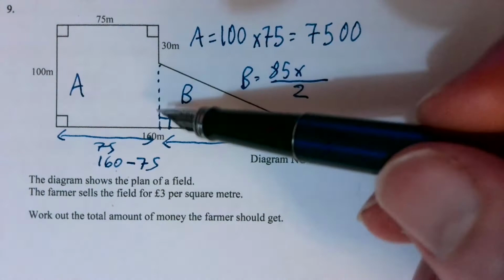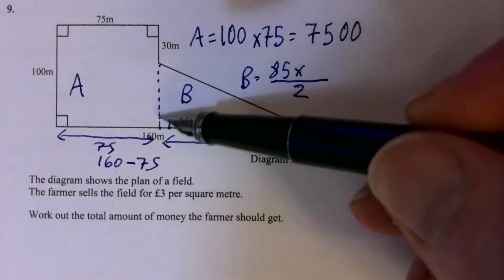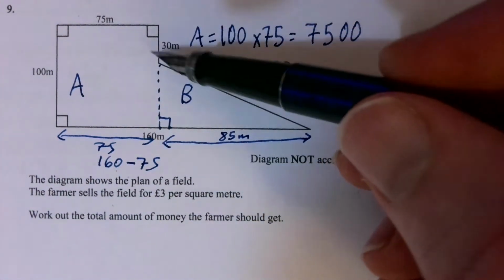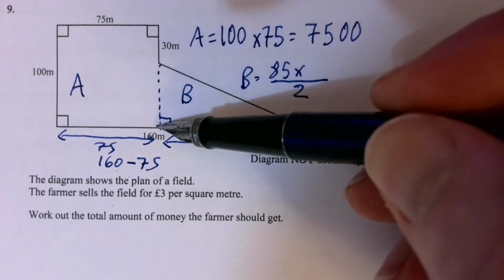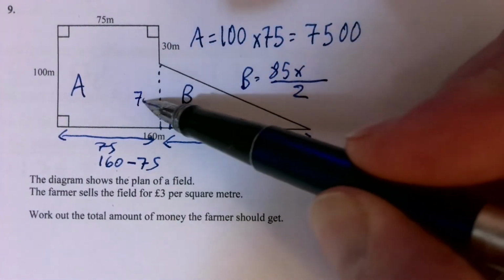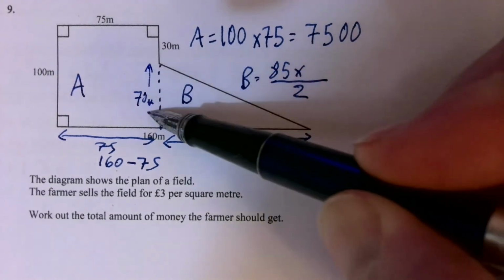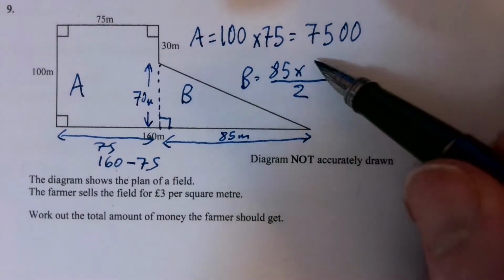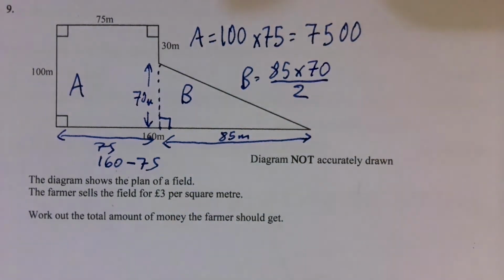So the width, or the perpendicular height, I should have called that, shouldn't I? So if this is 30 and the whole length is 100, take 30 leaves us 70 meters from there to there. So it's 85 times 70 over 2.